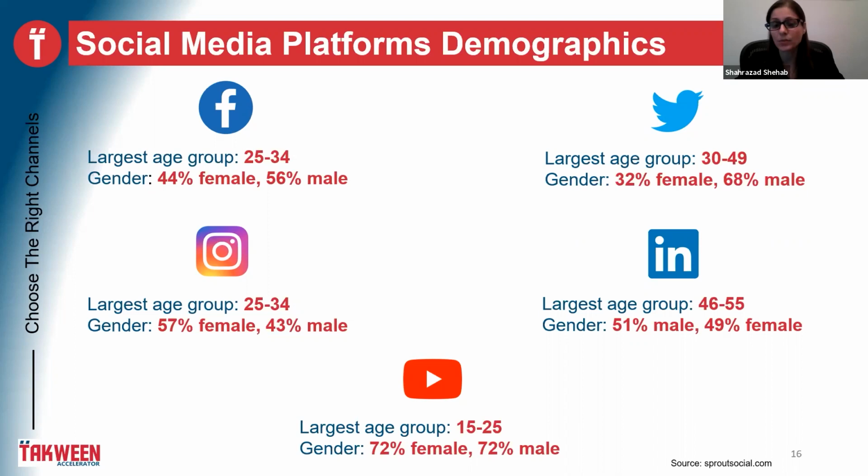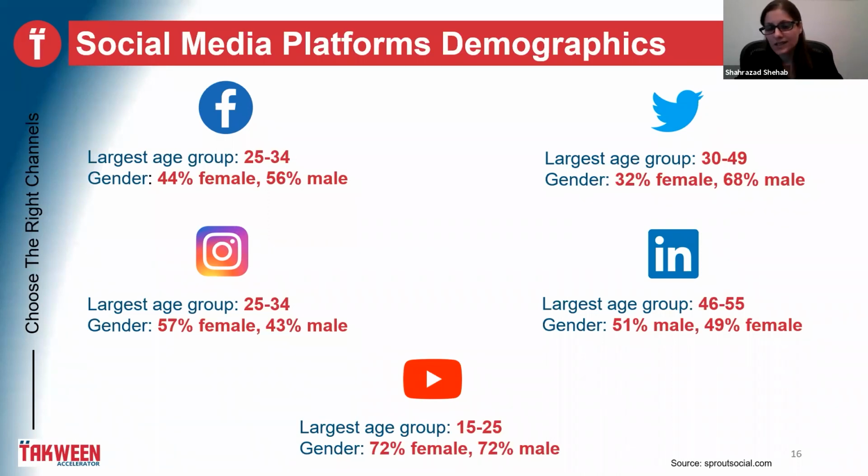For LinkedIn, for example, the largest age group is between 46 and 55 years old. 51% are male and 49% are female. Now, there are other age groups, of course, for every channel, but here we have mentioned the biggest ones.